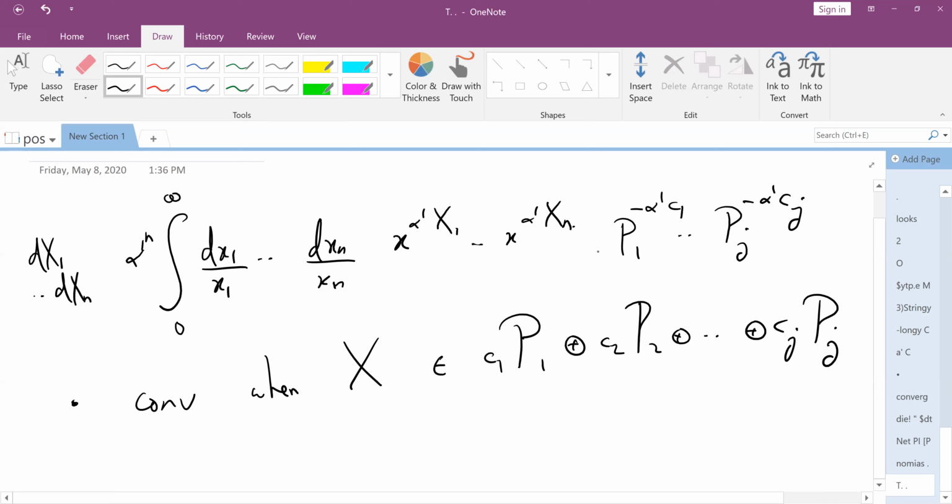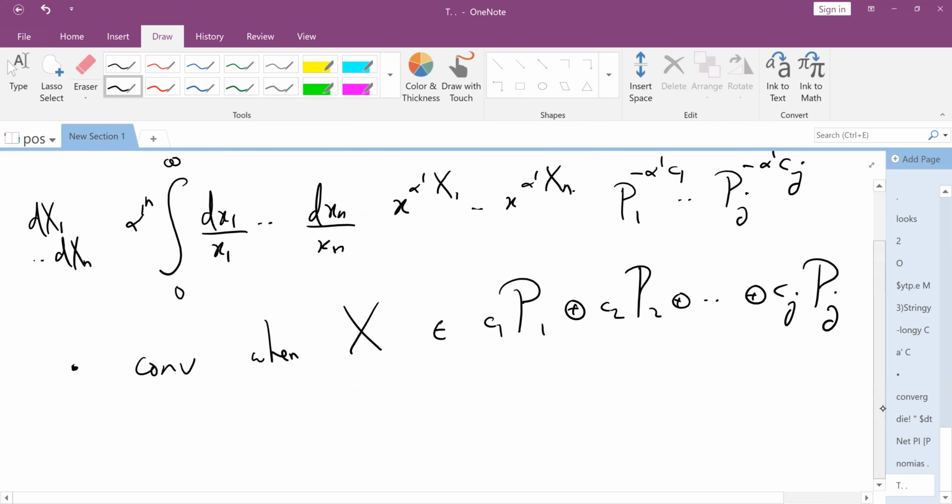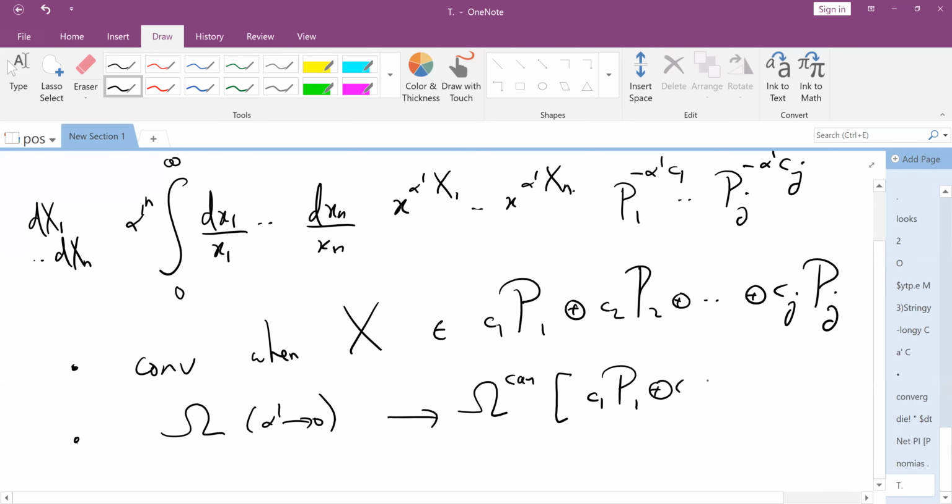But the Newton polytope of that giant product is simply the Minkowski sum of all the pieces. So that's why this statement is actually natural and obvious. And it converges then, and omega, as alpha prime goes to 0, goes to the canonical form of exactly the same polytope, c1 P1 plus c2 P2 plus cj Pj.